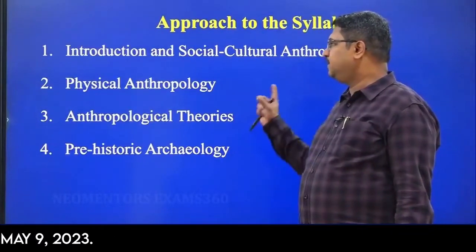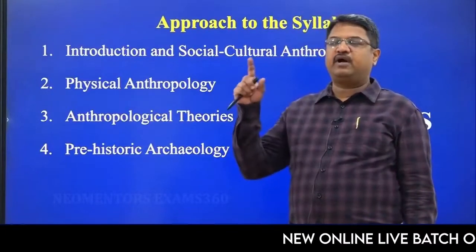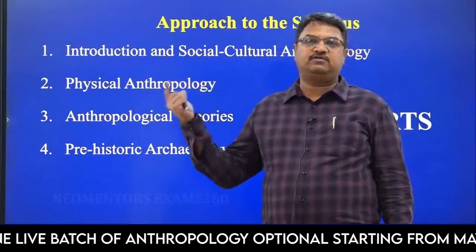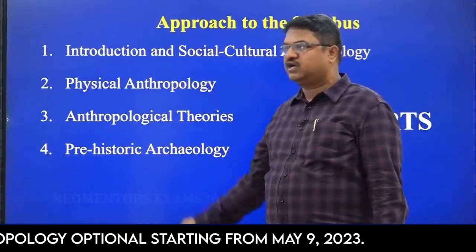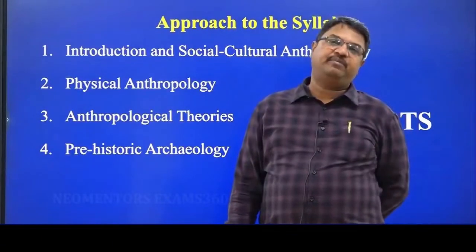So various facets of human life are captured by these 4 parts. These 4 parts are also seen in paper 2. These 4 parts usually cover the large part of paper 1.